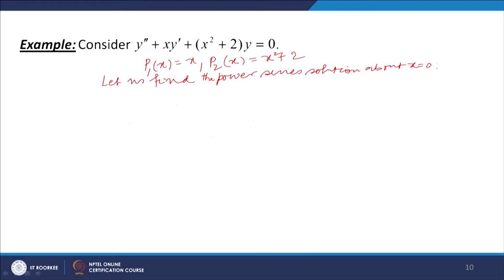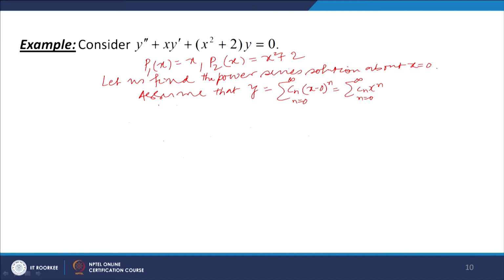Let us, for convenience, take x naught to be equal to 0. So, let us assume that y equal to sigma Cn (x minus 0) to the power n, x naught is equal to 0 here, that is we have sigma Cn x to the power n, n equal to 0 to infinity.